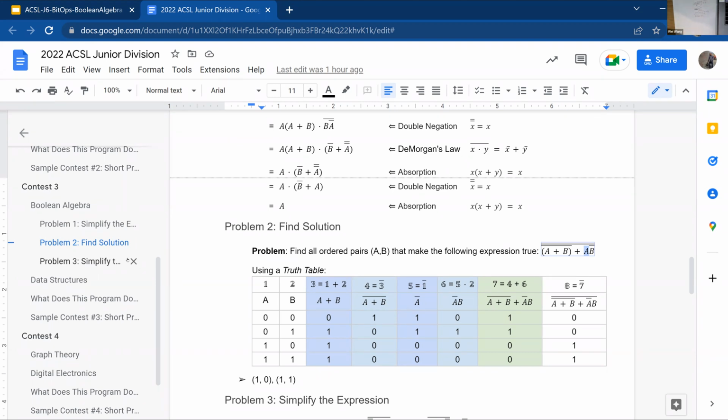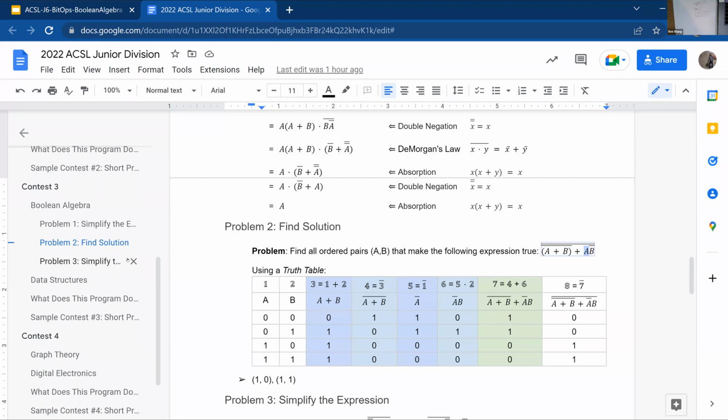So for the whole expression to be true, these are the 2 rows that are true. And so when we come over to this side, these are the pairs that we get. So the result is 1 0, 1 1.